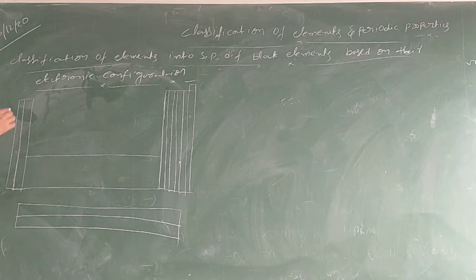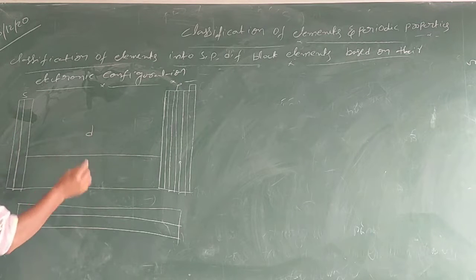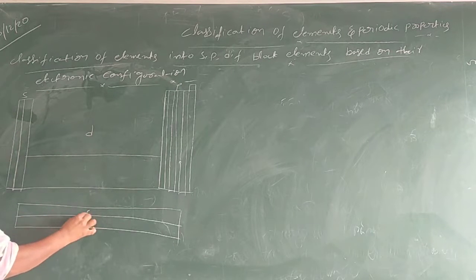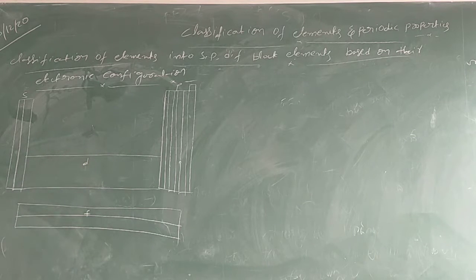So this is S block and P block, and this is D block. This is F block. The S block contains 2 groups.